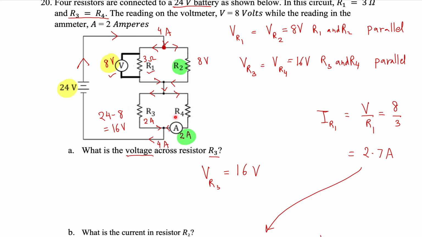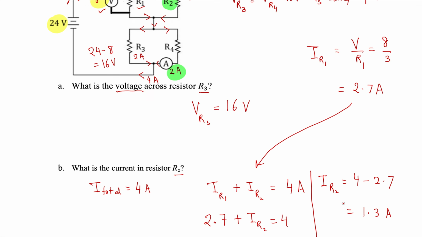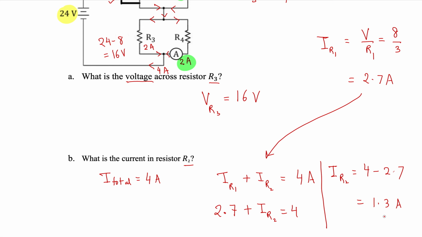They already gave us the current in R4, which is 2 amperes, so the current in R3 will also be 2 amperes. 2 amperes and 2 amperes join together to give the total current, which is 4 amperes. That's the same 4 amperes reaching this junction, which splits into two parts. We get 8 over 3, which is V over R, so the current in R1 is 2.7. The current in R2 will be the remaining current, 4 minus 2.7, which is 1.3 amperes.